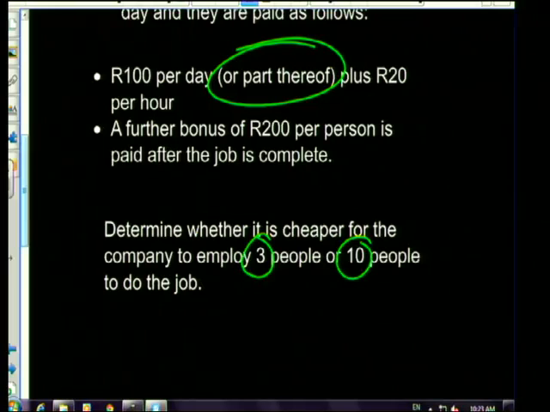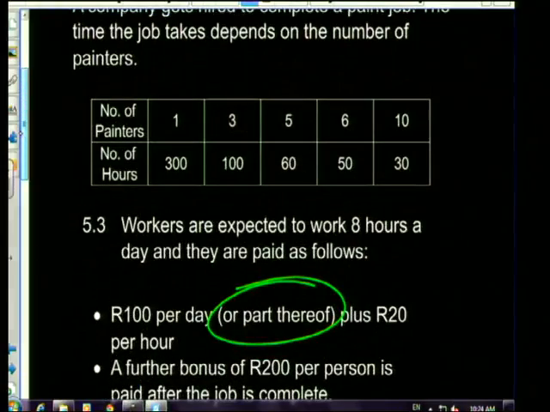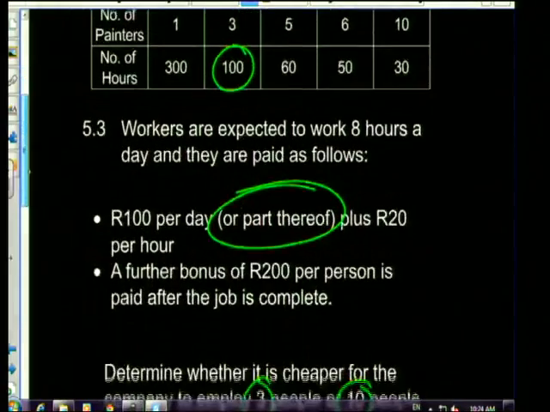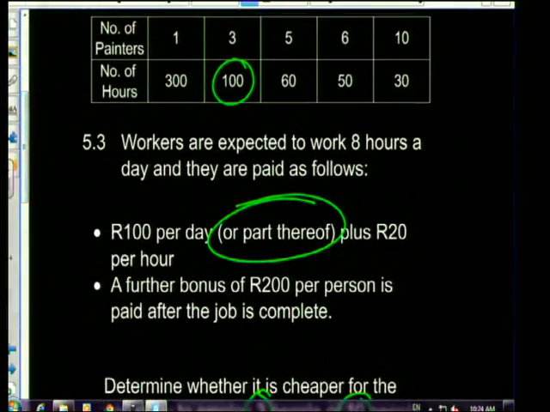Okay, let's have a look at this. If 3 people worked, how many days is it going to take? 3 people is going to take us 100 hours. Now, how many days are there in 100 hours? They can only work 8 hours a day.